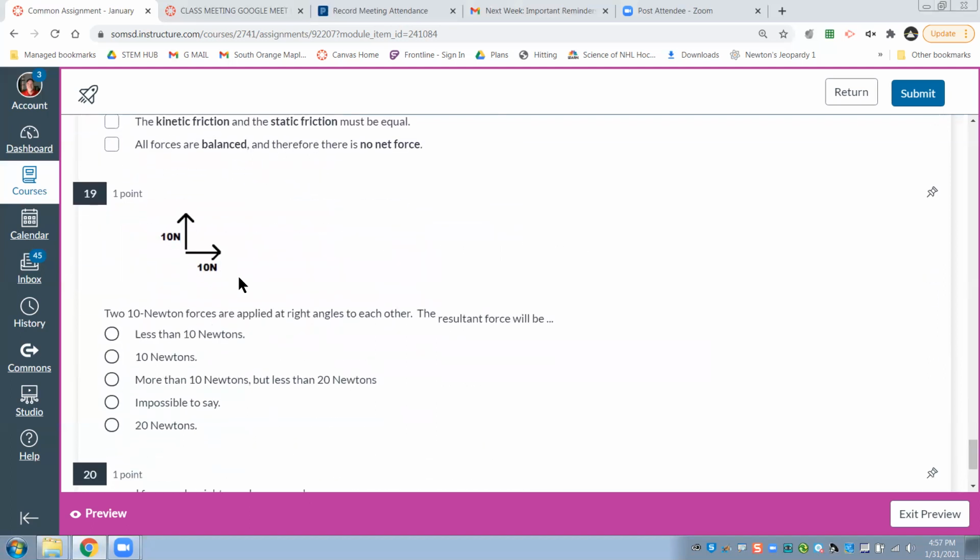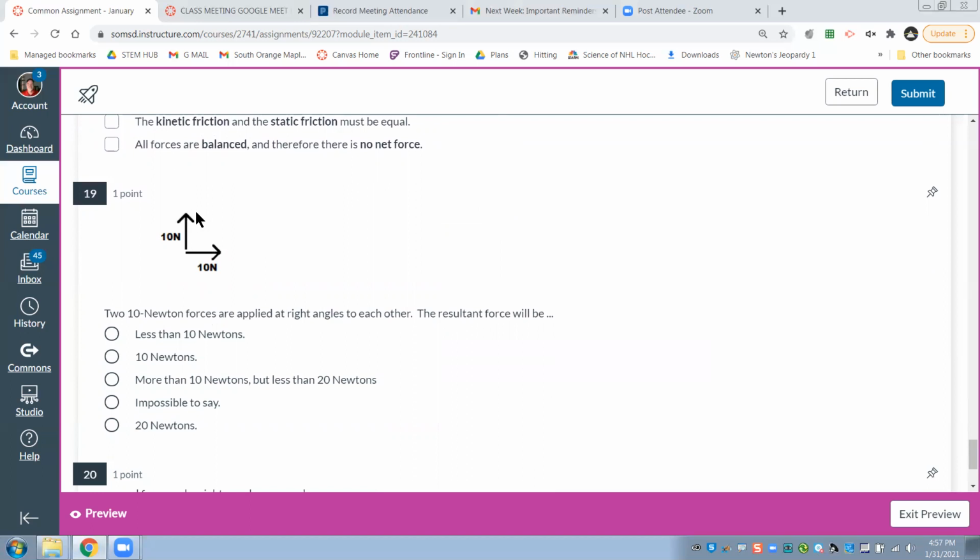Number 19, when we have two forces acting at the same time, what do we do? Well, forces are vectors. So if we add two vectors that are at 90 degrees to each other, we do the rectangle method.